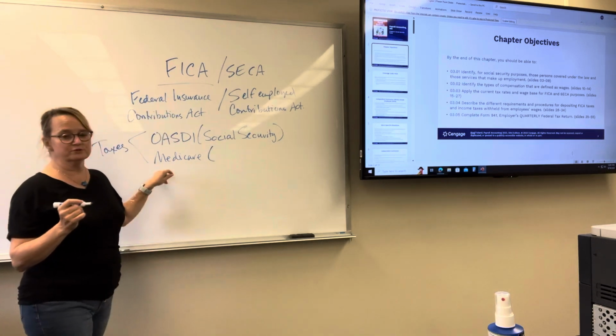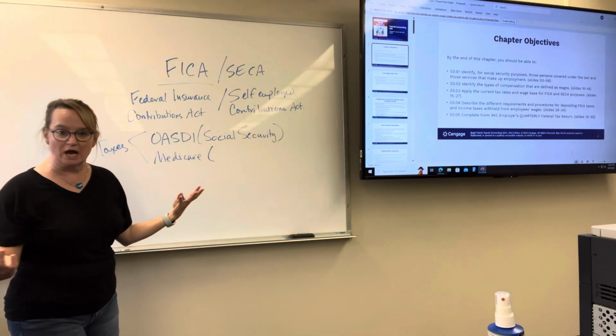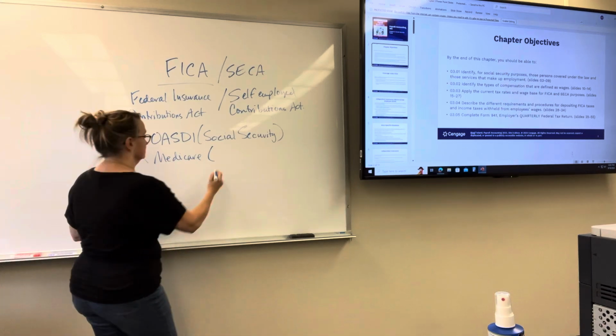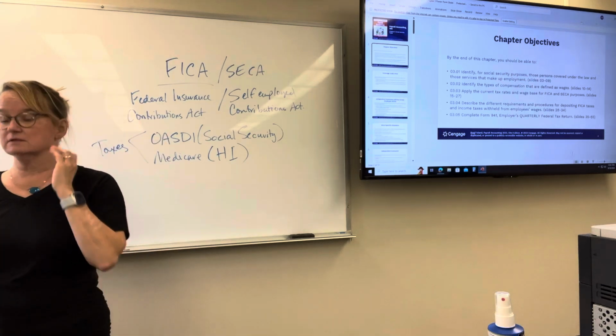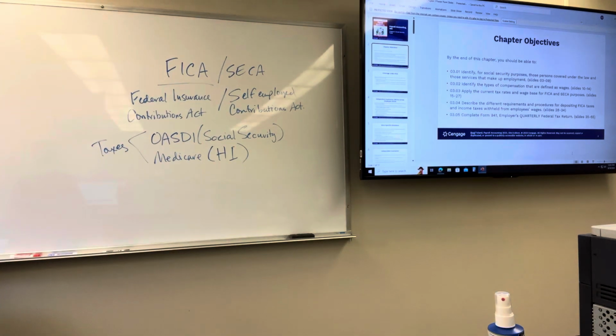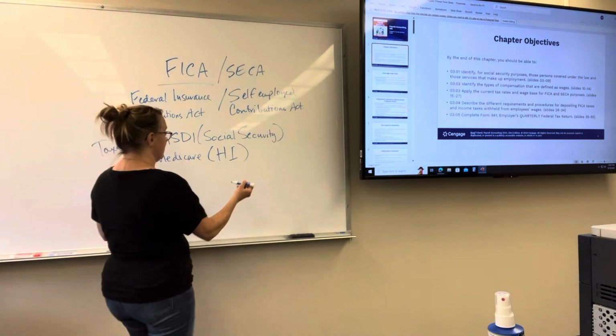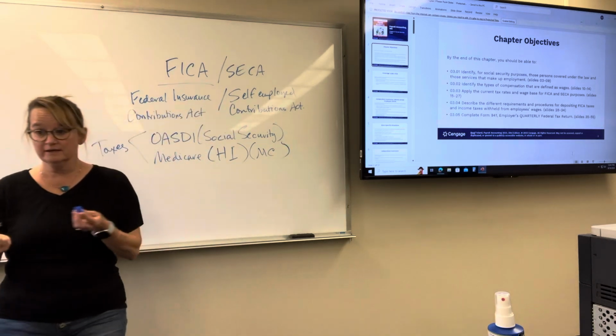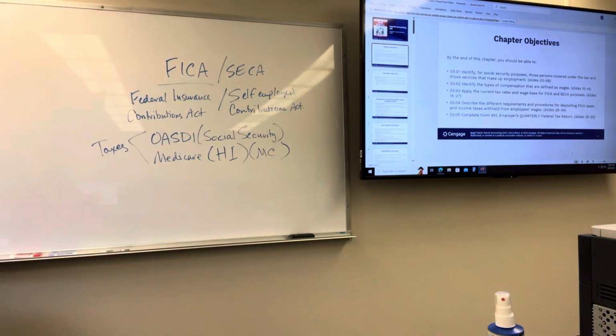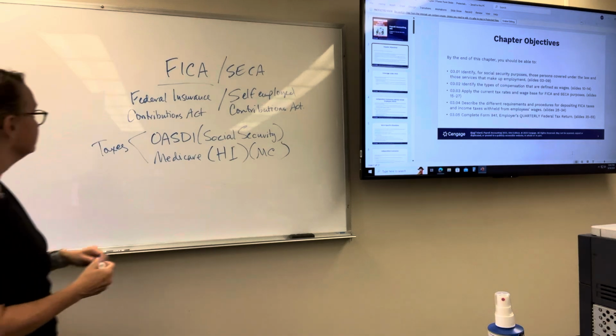Your book refers to Medicare as HI, which stands for health insurance. I'll tell you quite honestly, I'd never heard it referred to as HI before I started teaching. So in practice, it was just Medicare. Oftentimes, I will abbreviate it as MC instead of HI. So each of these types of taxes are under this FICA and SECA umbrella.